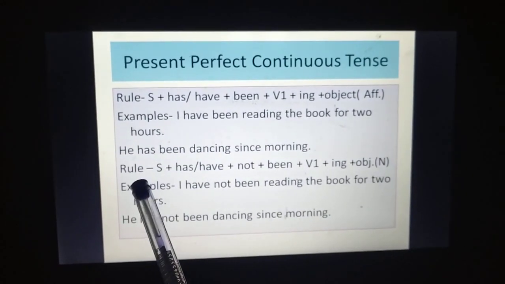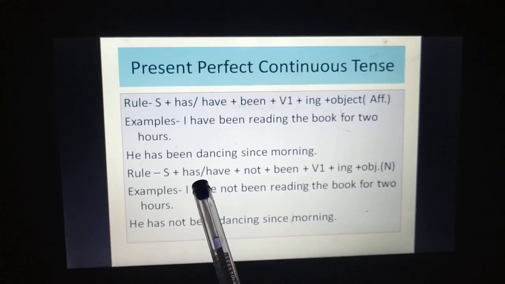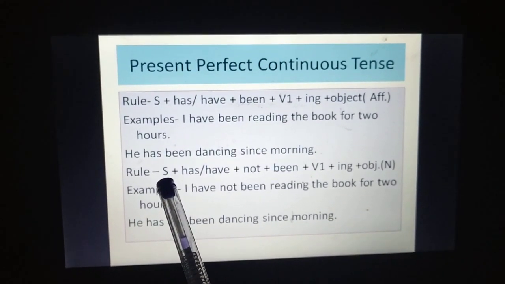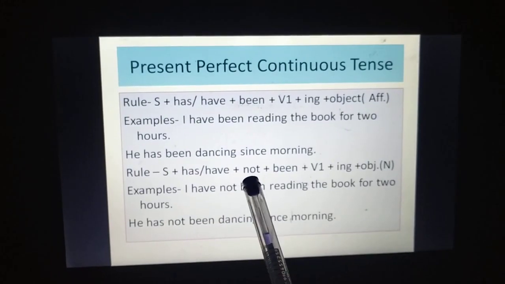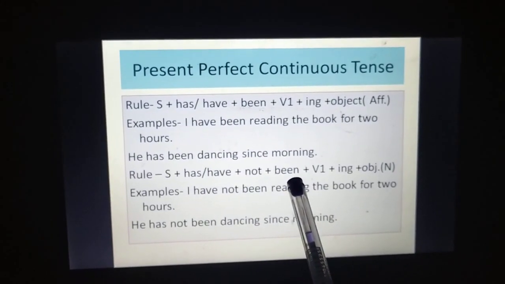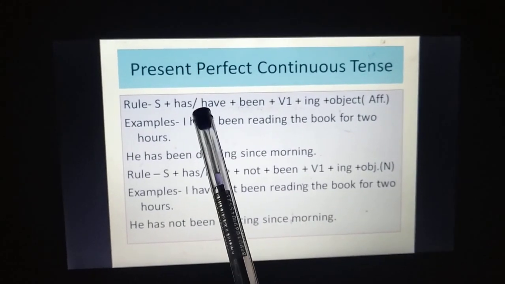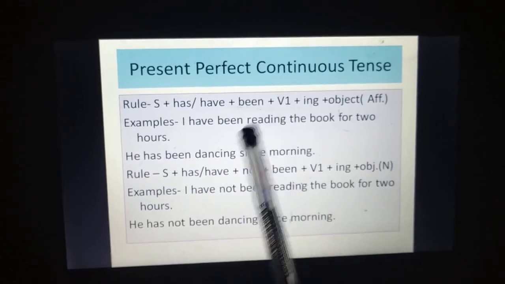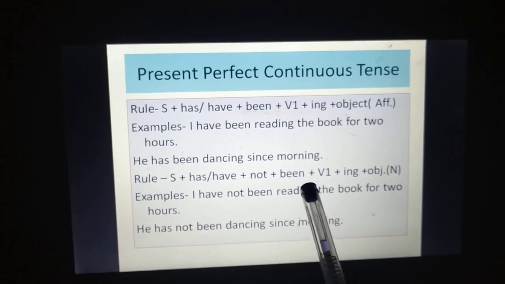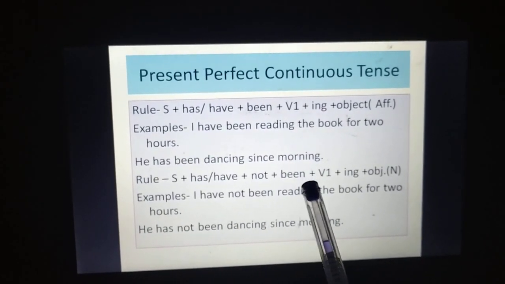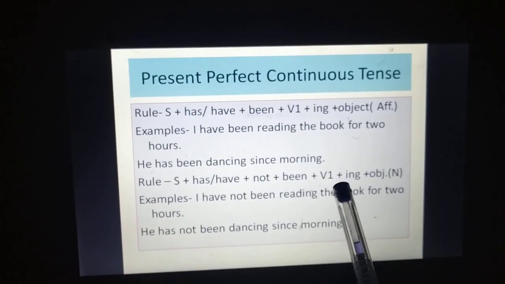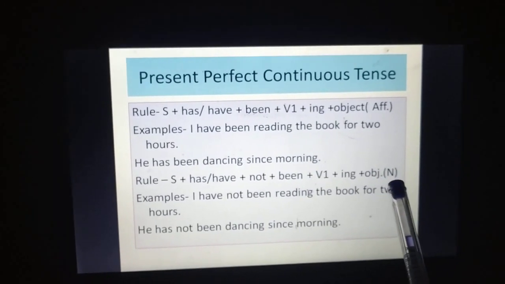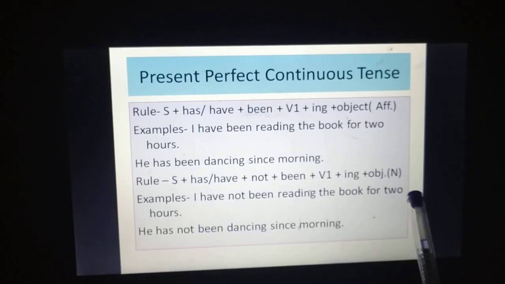Now we will study the structure for negative sentences. Subject plus has/have plus not plus been, where we will use not between has/have and been. Has not been, have not been, plus verb 1 plus ing plus object. It is for negative sentences.